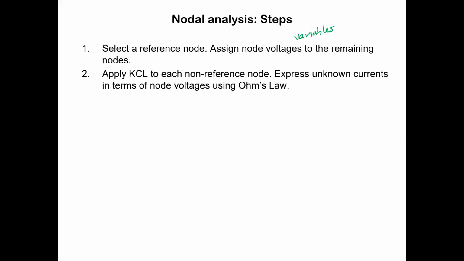Then you apply Kirchhoff's current law to each non-reference node. In other words, you don't do KCL at the reference node, but you do it at all the other nodes. And you express the unknown currents in terms of the node voltages using Ohm's law. I'll explain how that works in a second, but basically what we're writing is that the sum of all the currents, whether positive or negative, flowing into or out of that node has to equal 0. And then step 3 is you solve for the variables of interest.